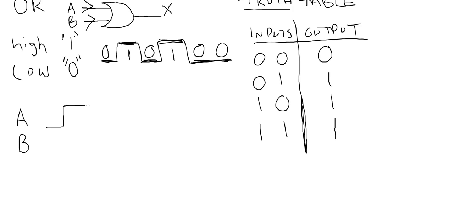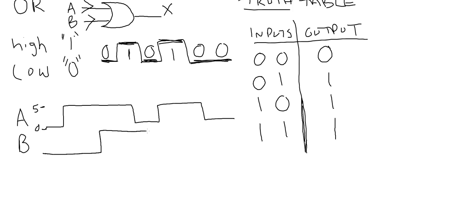What you'll get is something like this signal. So this is 0 and this is 5. And remember that when it's high, it's 1. When it's close to 0, it's 0. So for B, okay, so these are the inputs.